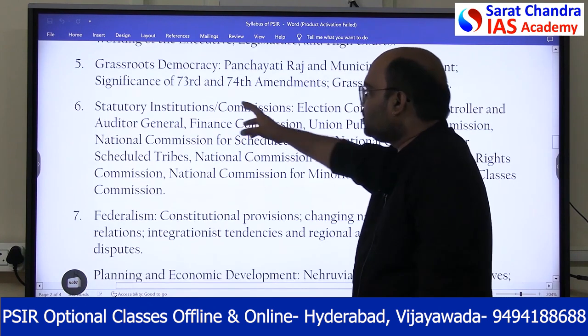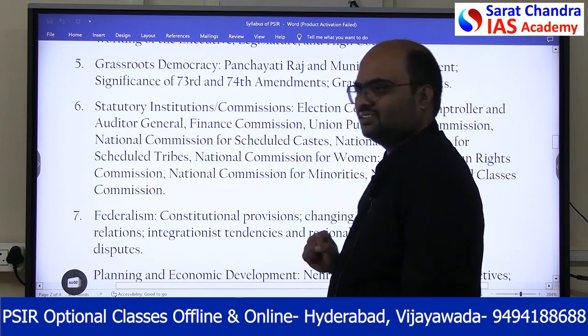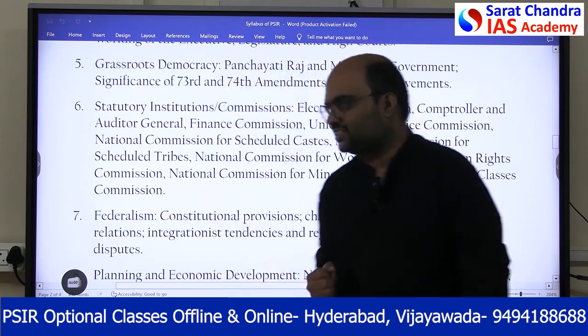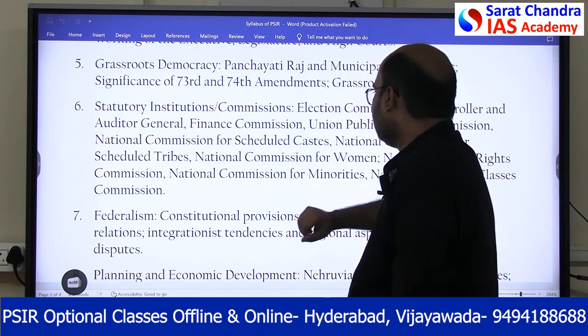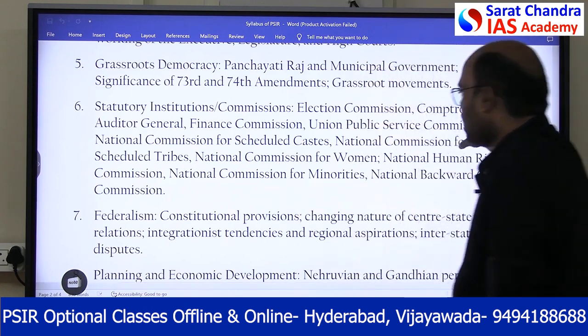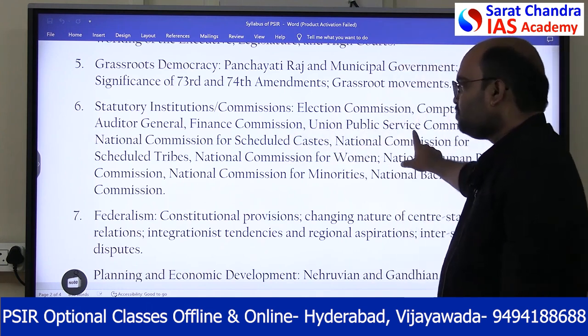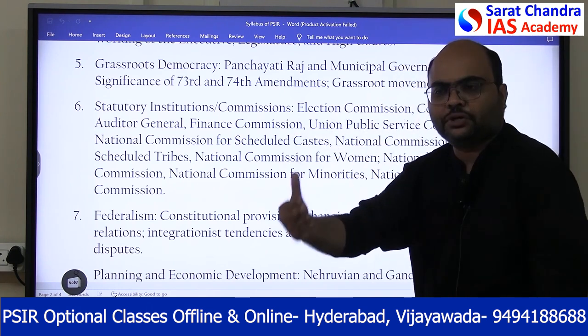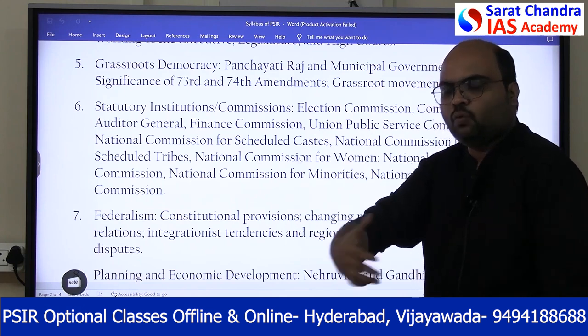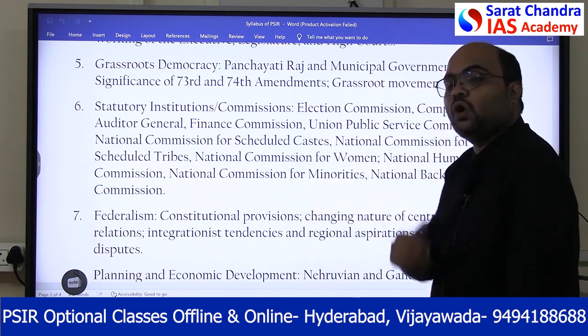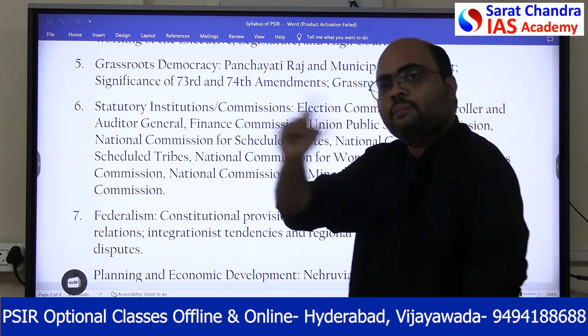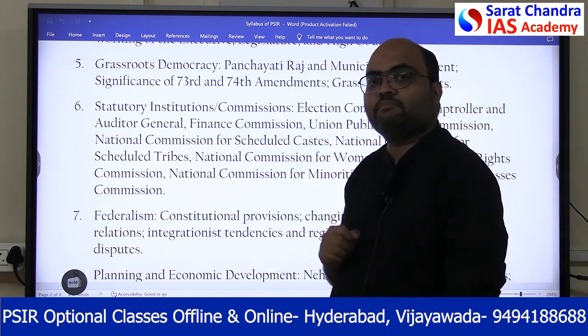And the next one, statutory institutions and commissions. Constitutional bodies, statutory institutions, for example, Election Commission, CAG, Finance Commission, UPSC, Union Public Service Commission: how they are constituted, how they work, what their contributions are, how they could be further reformed for improving their performance.